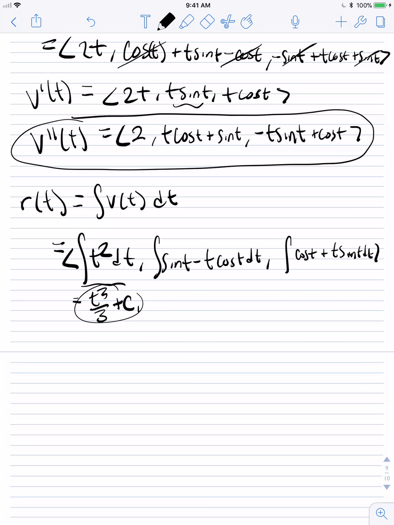The second component here, I'll do this in blue. We can break this up into two integrals, but we're going to need this part, this t cosine t.